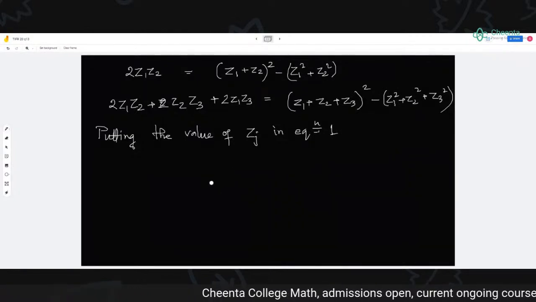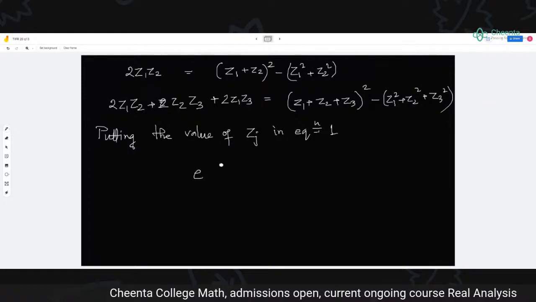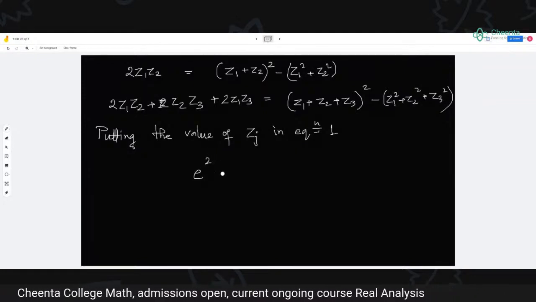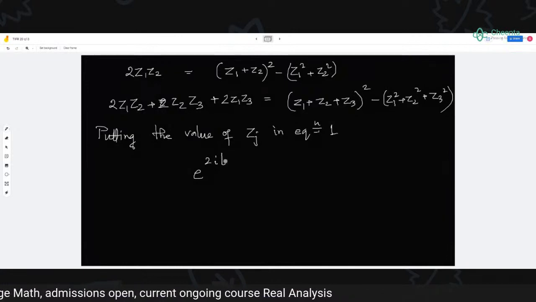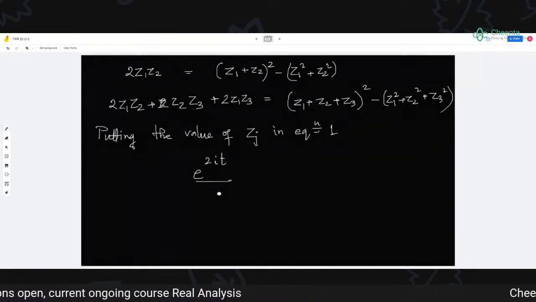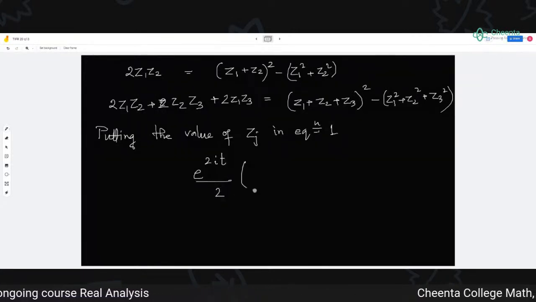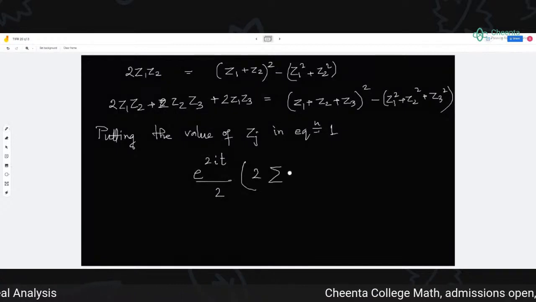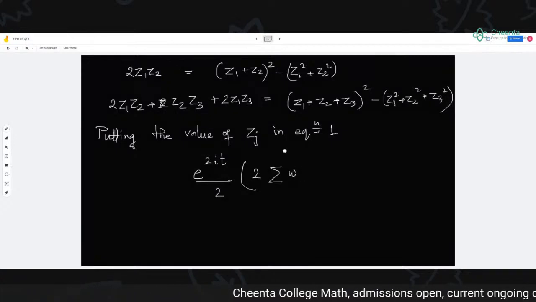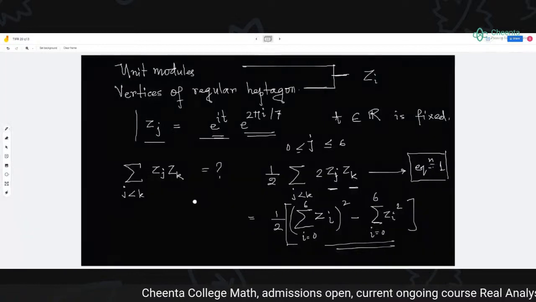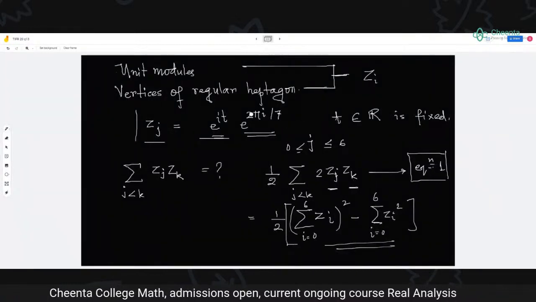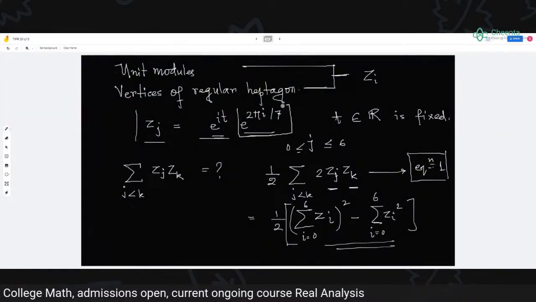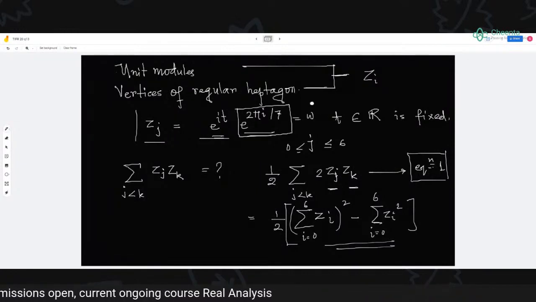I get something like this: e to the power 2 pi i by 7, into 2, into w. So did I take something like this? So let's call this, since these are the roots of unity, let's just call them omega.